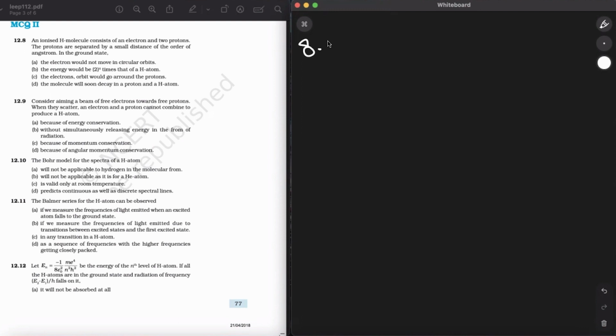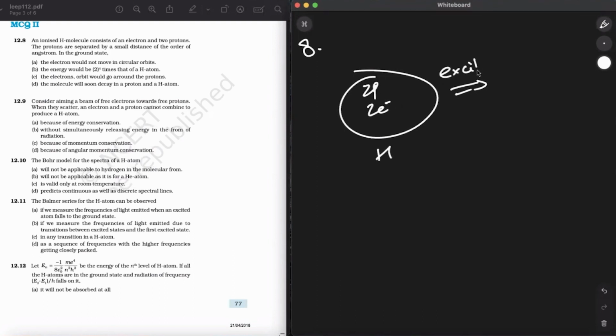But ionized hydrogen molecule will contain only one electron and two protons. See, a normal hydrogen molecule, what will it have? It will have two protons and two electrons. Suppose it gets excited. So in this case, it will have two protons but only one electron. Anyway, simple.